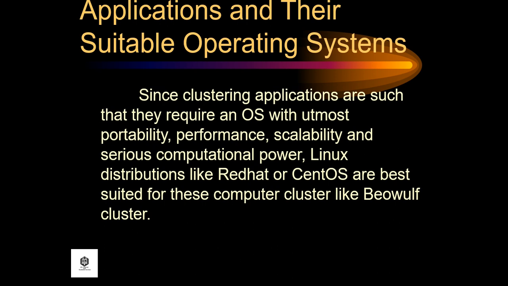Since clustering applications require an OS with utmost portability, performance, scalability, and serious computational power, Linux distributions like Red Hat or CentOS are best suited for computer clusters like the Beowulf cluster.